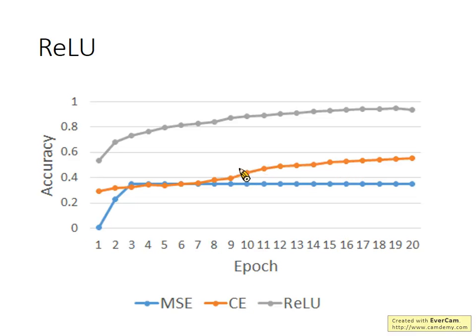Then when we change our activation function from sigmoid to ReLU, the training accuracy boosts a lot as the number of epochs increases. By comparing this slide and the previous slide, we can see that the influence of the activation function is actually larger than the influence of the loss function.